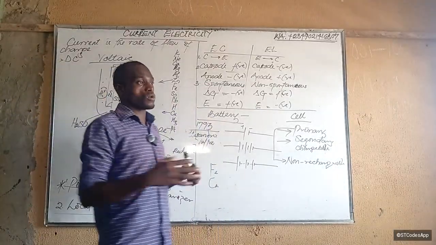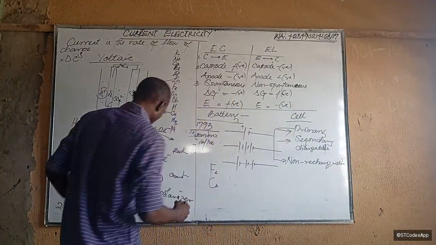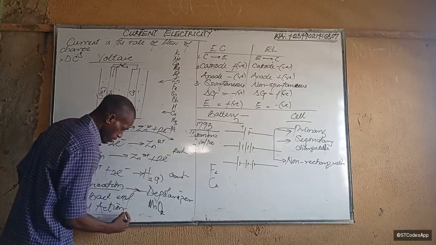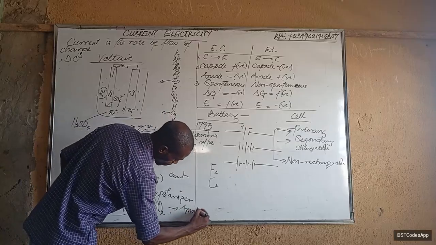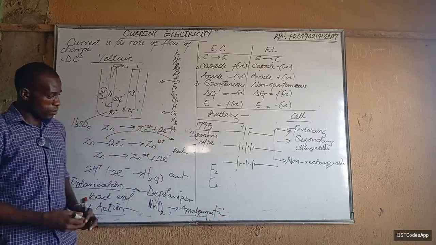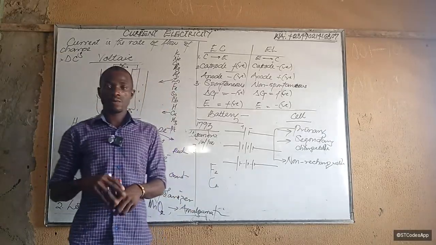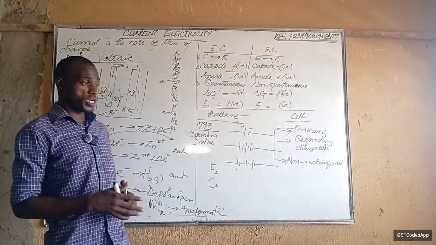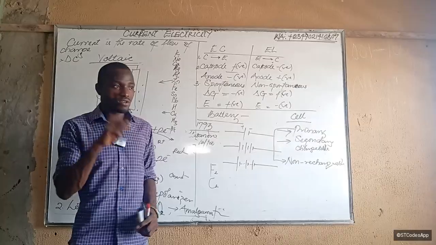Now, what is the solution to local action? The solution is amalgamation. The word amalgamation simply means coming together. But in chemistry, when you use amalgam, it's usually mercury plus something.